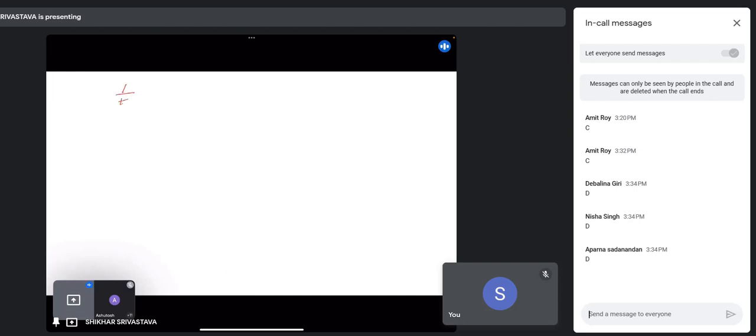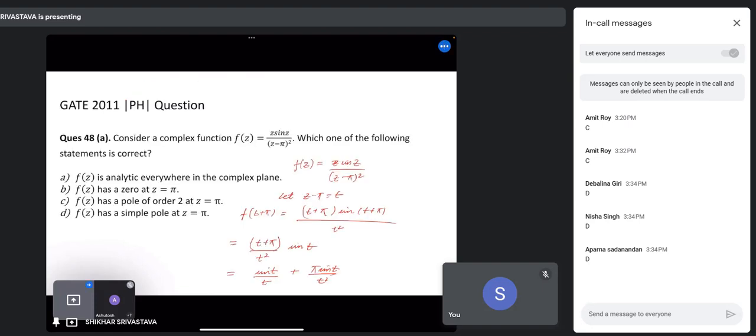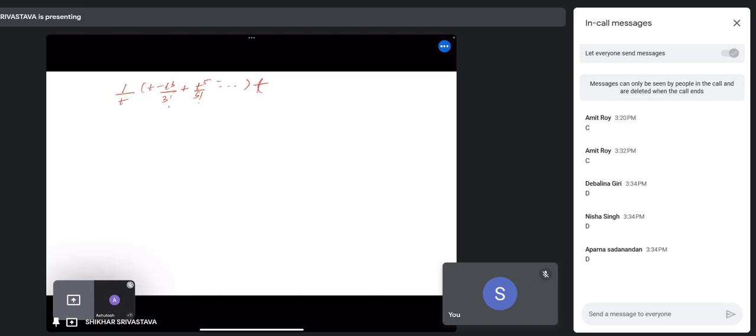So it will become 1 by t, sine t you can again write as t minus t cube by 3 factorial plus t to the power 5 by 5 factorial, plus pi upon t square times t minus t cube by 3 factorial. Now you just open this.